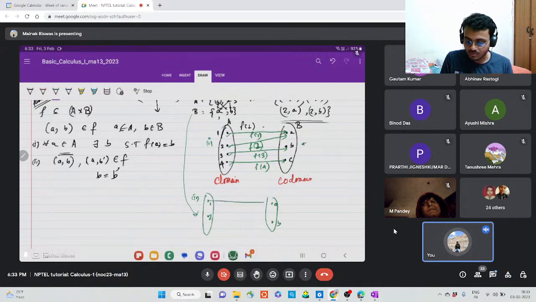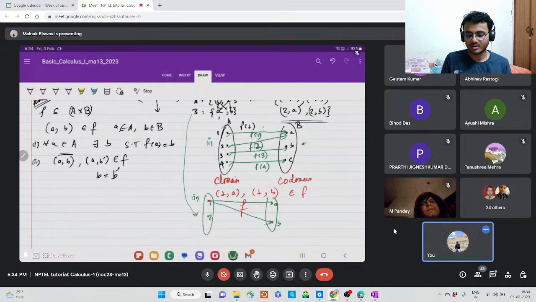Now someone tell me, is this a valid function? No, sir. Anyone else? Is this a valid function? See, here you have (1, a) and (1, b) both belonging to the function, right?